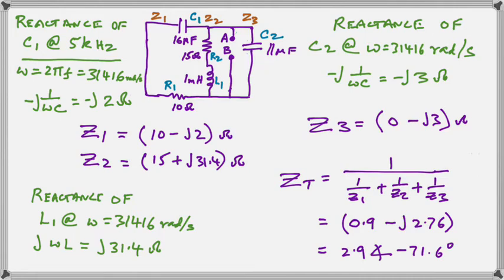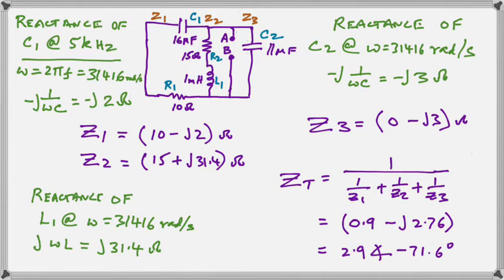So we simply plug our value of omega and C in there, and we find that our capacitor C1 rounds off to minus j2 ohms, whereas our capacitor C2 rounds off to minus j3 ohms, and our reactance works out at j31.4 ohms.